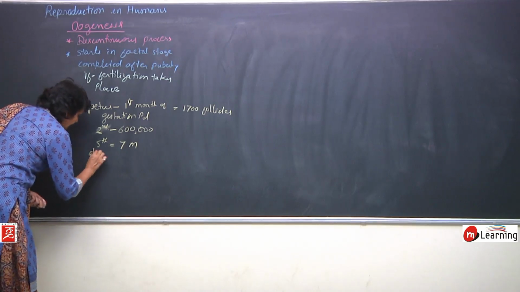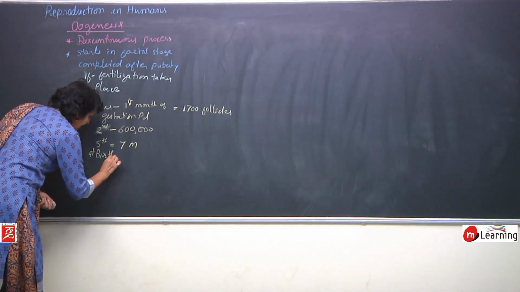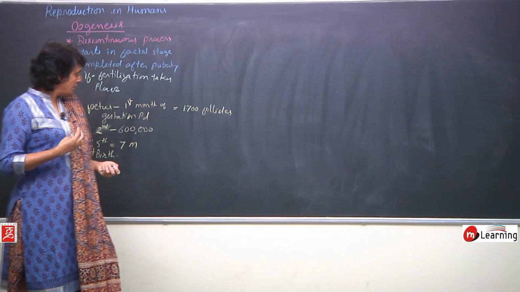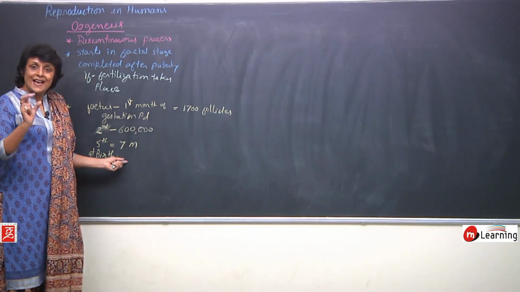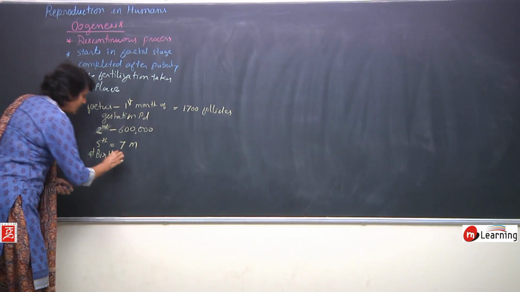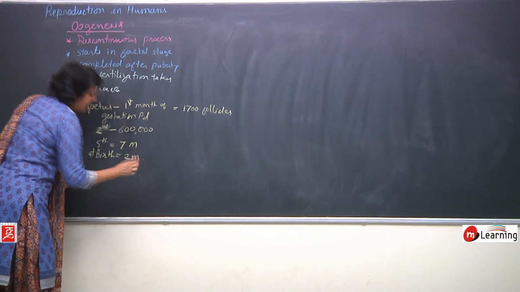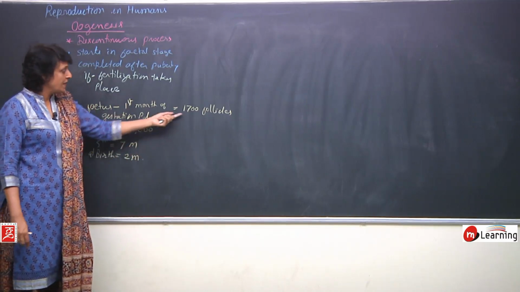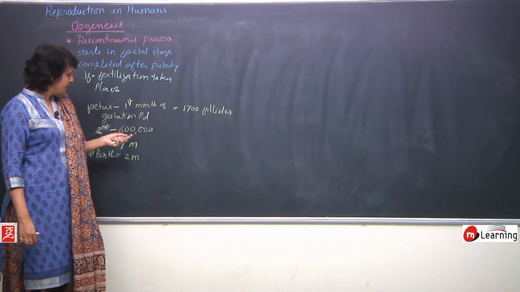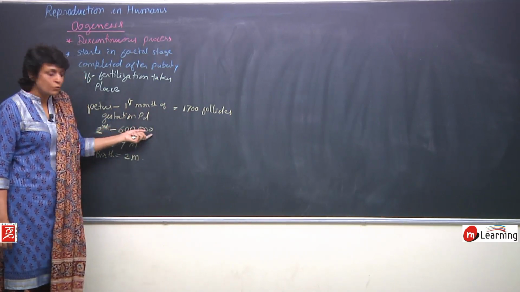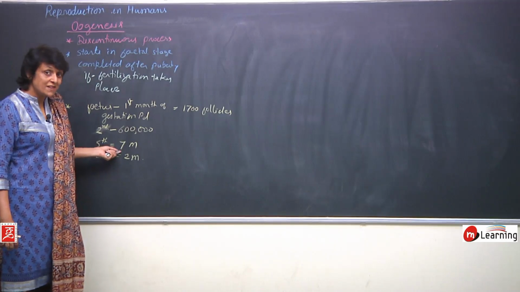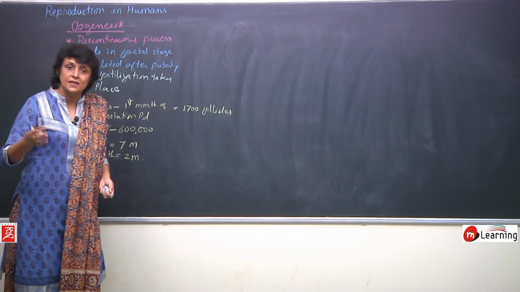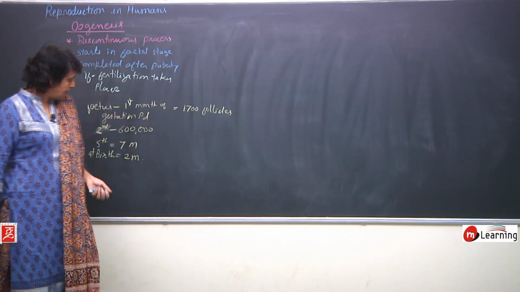At birth, when the baby girl is born, it has a fixed number, and that number is 2 million. So now you can see what is happening in these numbers. It is only 1700, then 600,000, then 7 million. Up to the 5th month, the number is increasing, so multiplication is taking place.